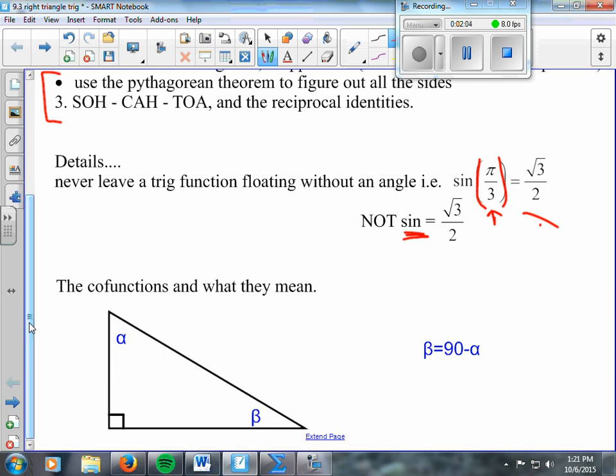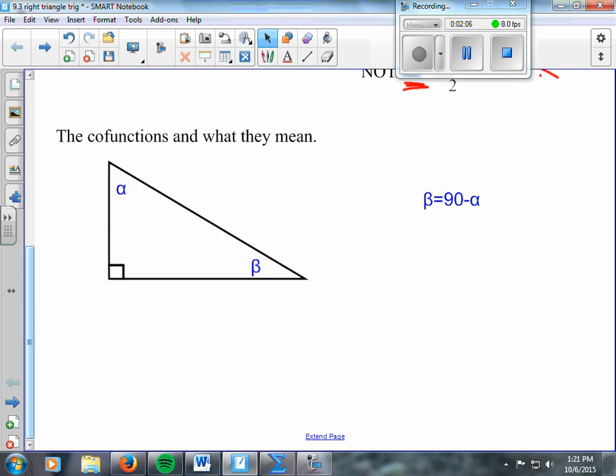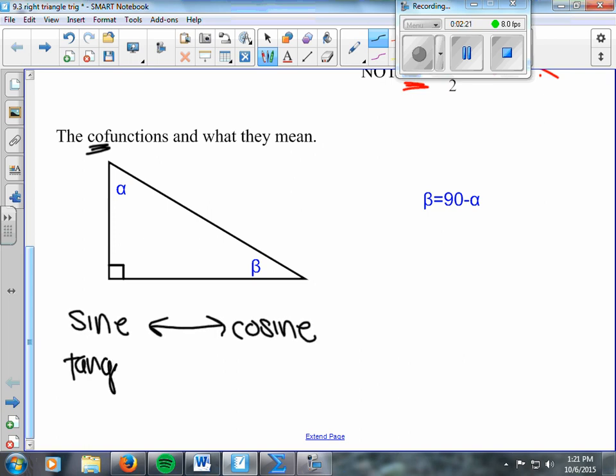Okay, and then finally, one other thing I want to mention right here are cofunctions. We have sine, and its cofunction is cosine. Then you have tangent, and tangent's cofunction is cotangent. And then you have secant and cosecant, right?